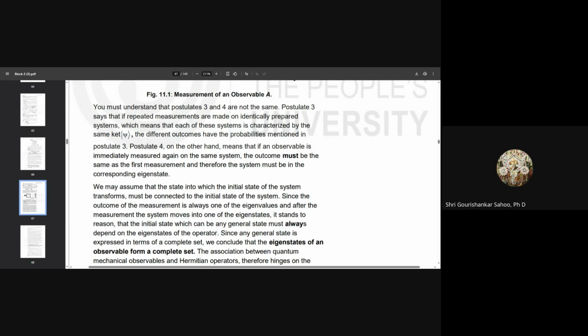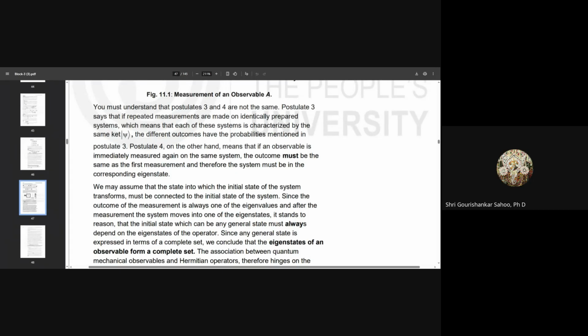So we may assume that the state into which the initial state of the system transforms must be connected to the initial state of the system. And since the outcome of the measurement is always one of the eigenvalues, and after the measurement the system moves into one of the eigenstates, it stands to reason that the initial state, which can be any general state, must always depend on the eigenstates of the operator.